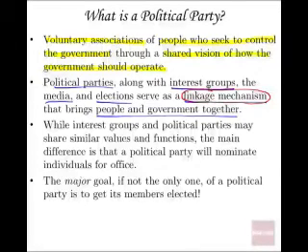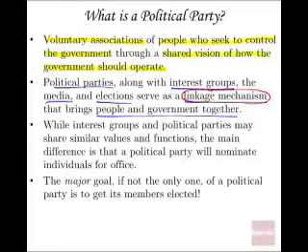So you have the government and the people. What are the institutions that link together people and the government? Political parties are one of several institutions that basically link people to government.